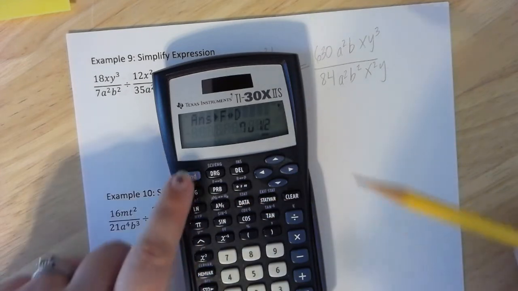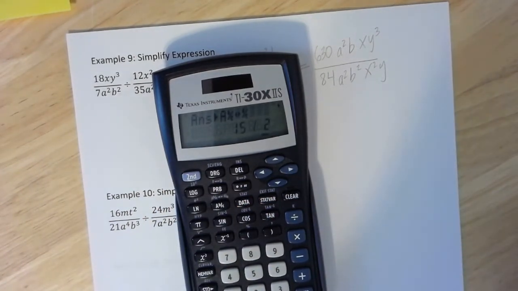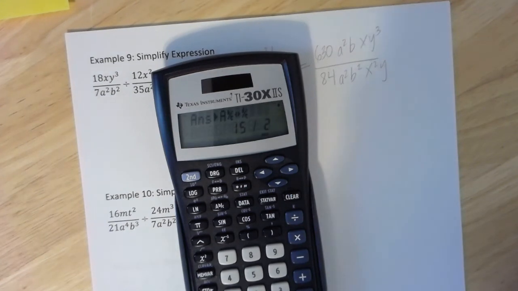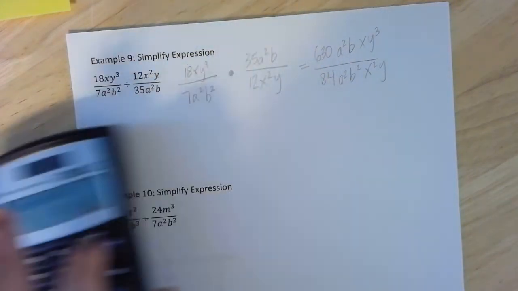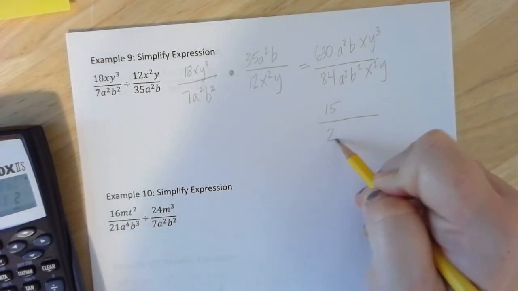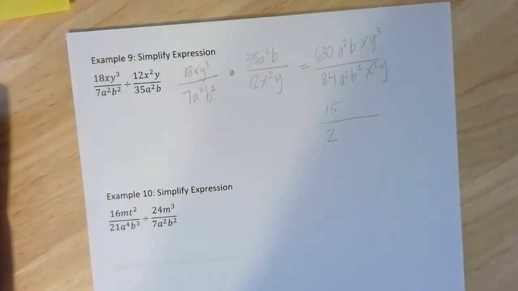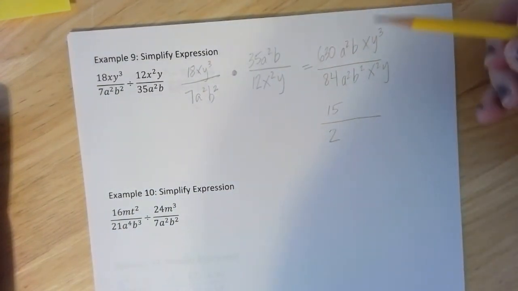So right below, they're going to write it a little bit different, and it'll give me my 15 over 2. Or I could have just converted that last fraction that they gave me. On your graphing calculators, which I know a lot of you have in this class, it's under math, and then you just press fraction. Okay, so I know my fraction is going to be 15 over 2. That's just a shortcut. You don't have to do it that way. It's just something that makes things a little faster for all of us.